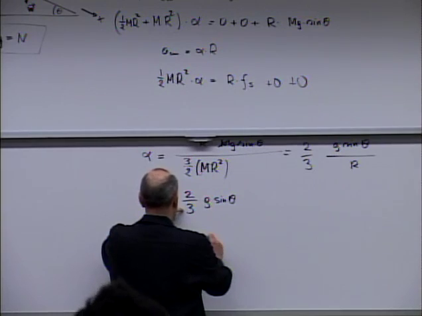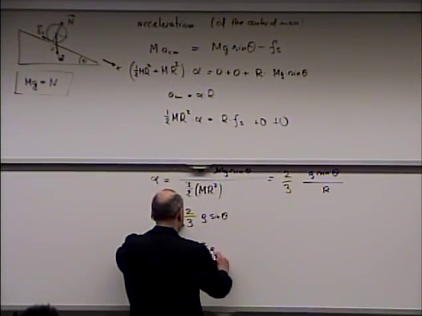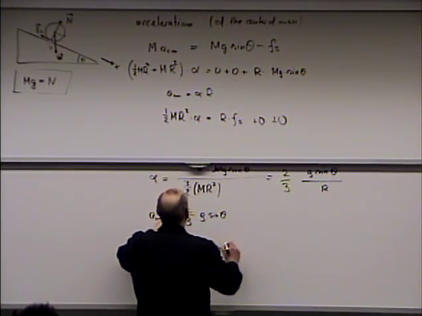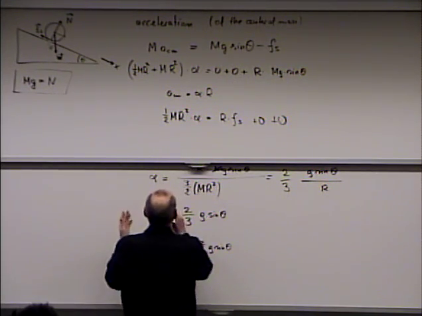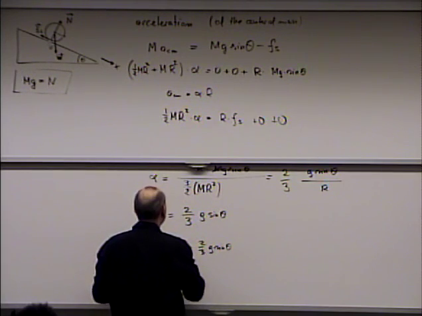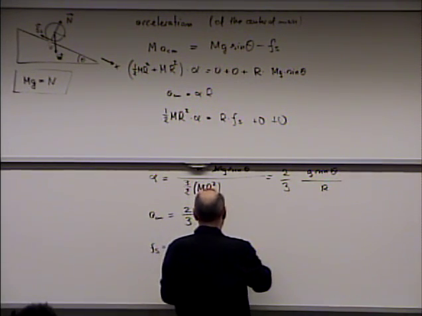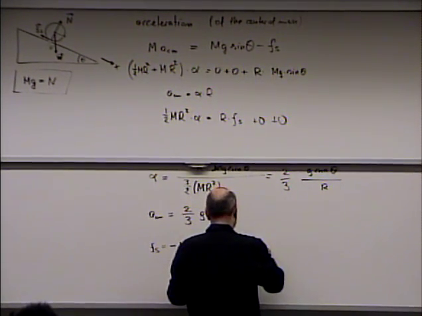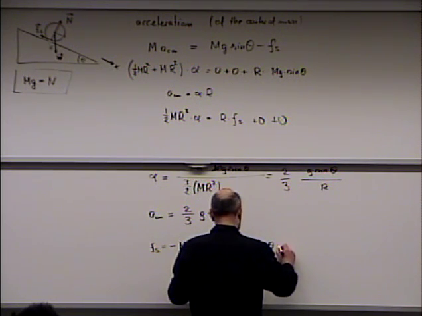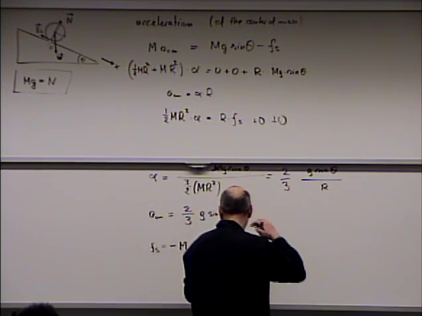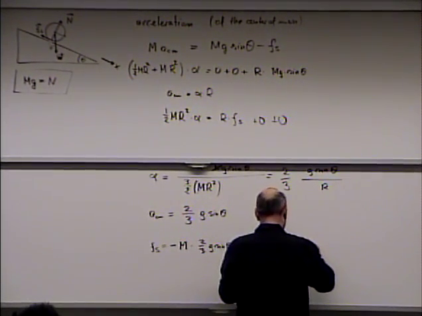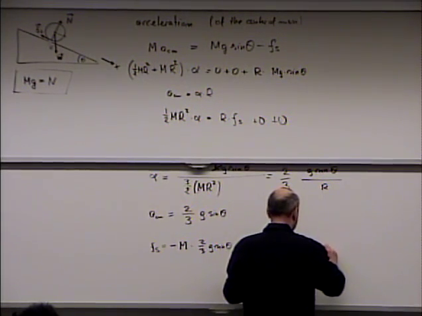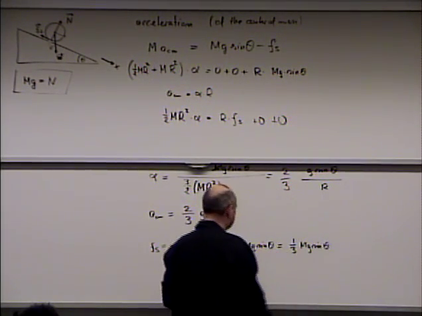So I multiply mass by 2/3 of g sine theta, and move it to the right, so I will put minus in front of that, plus mg sine theta, which means that it is going to be 1/3 mg sine theta.